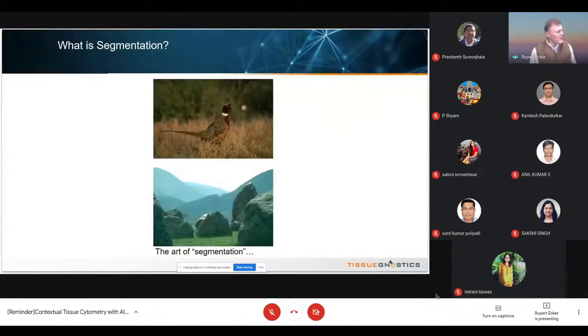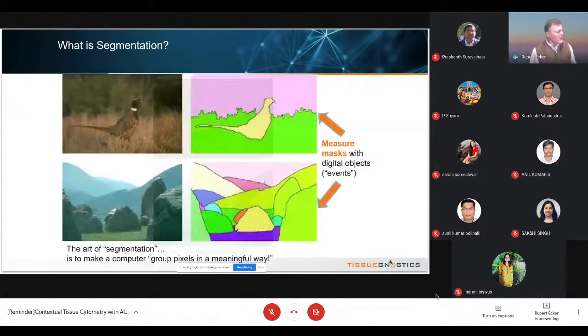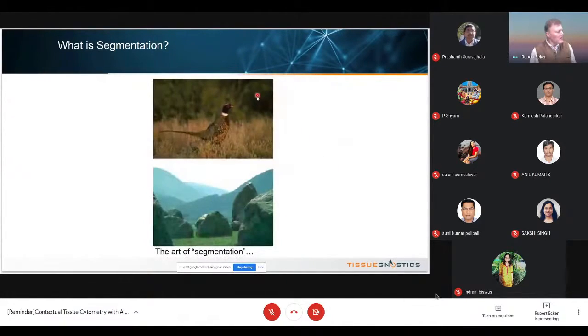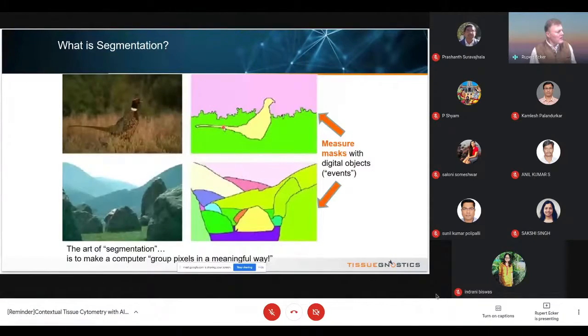Now, what is segmentation? I would like to explain this to this audience. We see here two examples. They have nothing to do with cell identification, but a lot with segmentation. The computers are great in handling images, but not so great in understanding what an image shows.